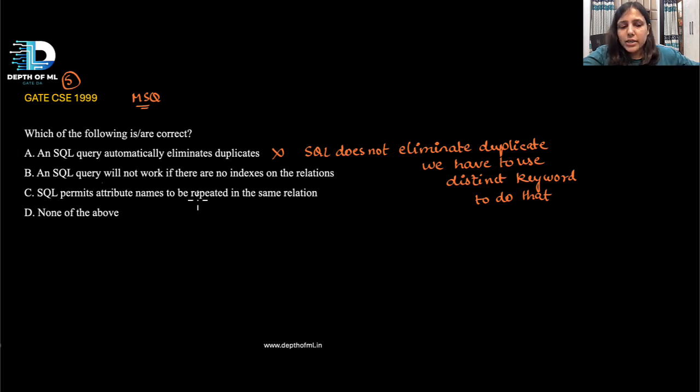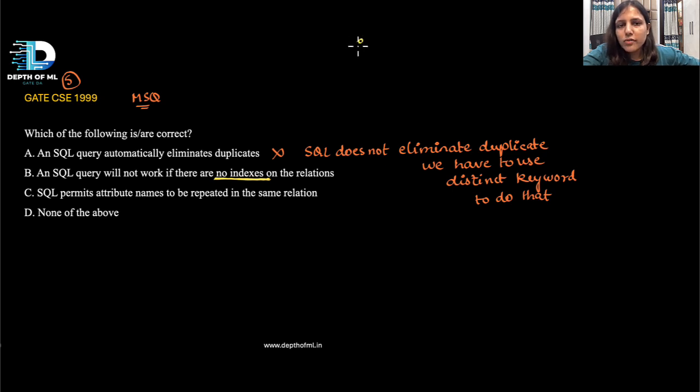Fine. Then let's look at the second option, which is: an SQL query will not work if there are no indexes on the relations. Okay, so what are indexes? We have not talked about indexes so far, but let me give you a brief insight into something that we'll be studying later in the course. Suppose you have an attribute, say your primary key attribute.